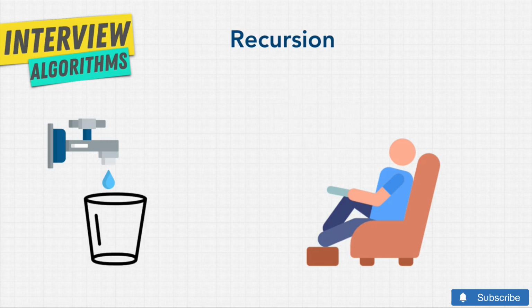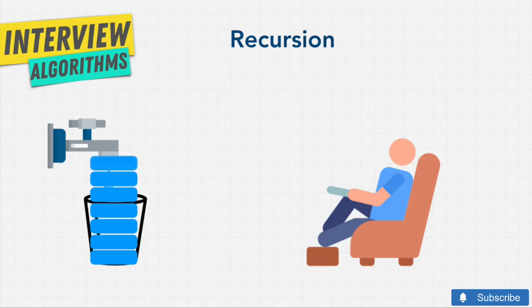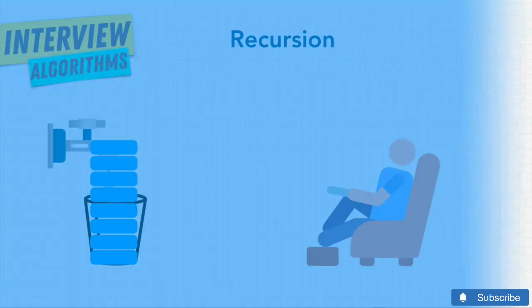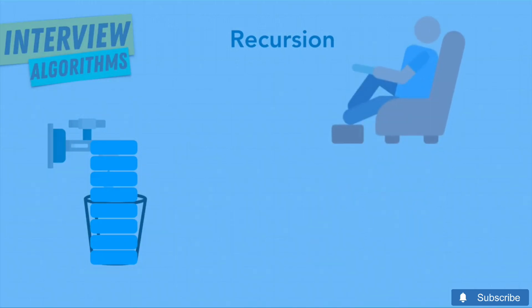One thing that we want to be careful of with recursion is this idea of stack overflow, this added memory space, as we keep calling the same function over and over until we possibly reach a limit and get stack overflow.